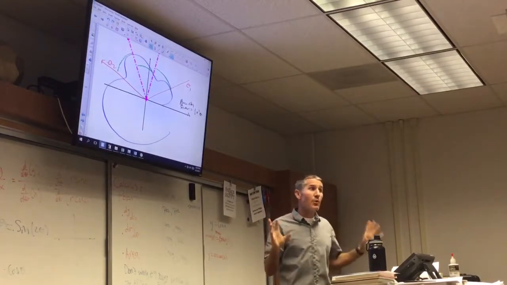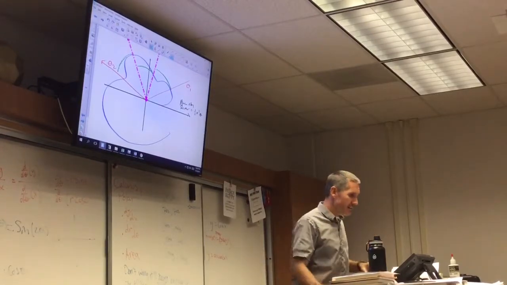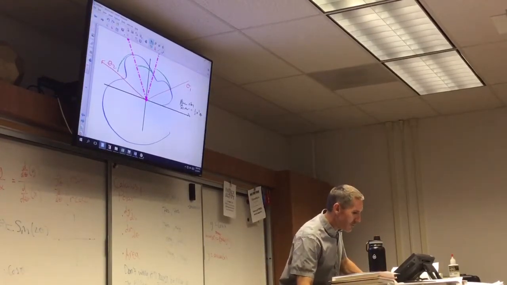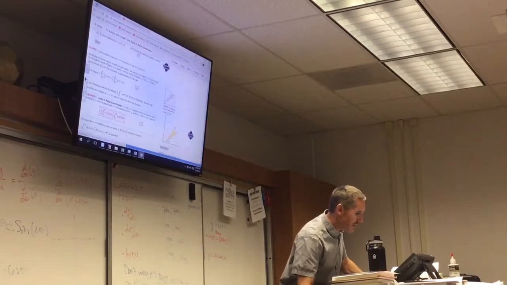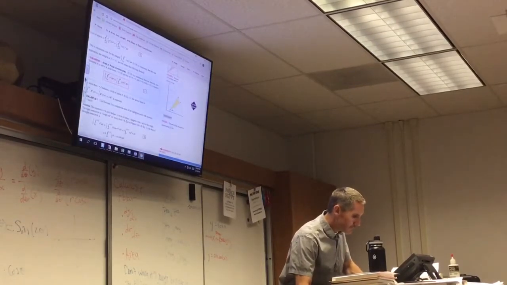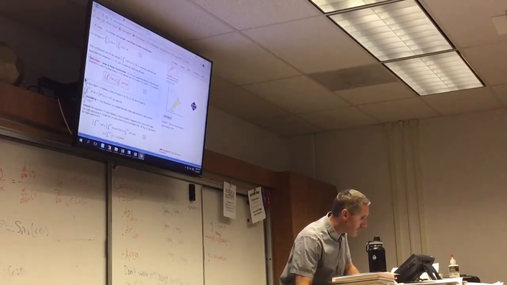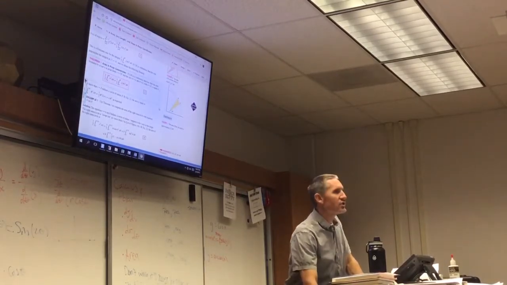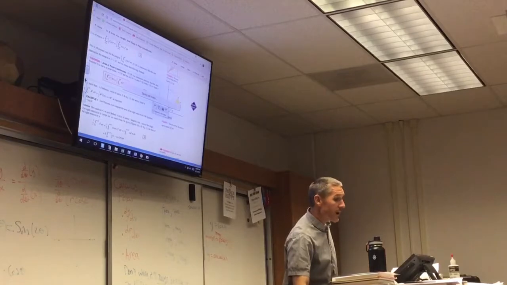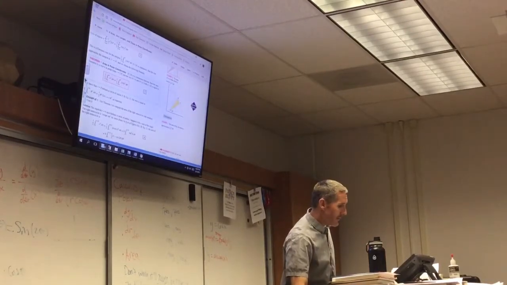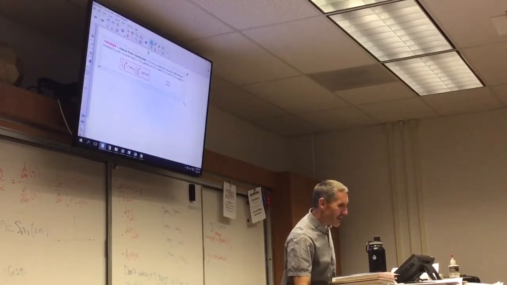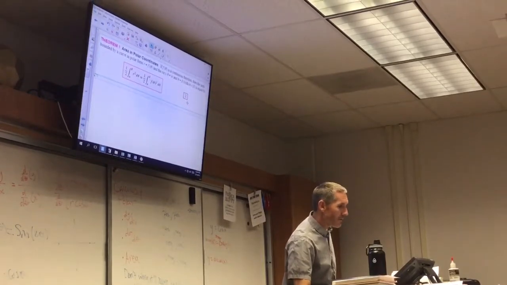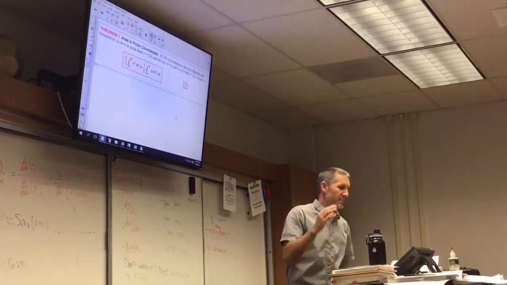So we're not surprised to now get this formula that I'm going to give you. I feel like I've done an adequate job of showing you where this comes from, and I've given you enough to see where this comes from.